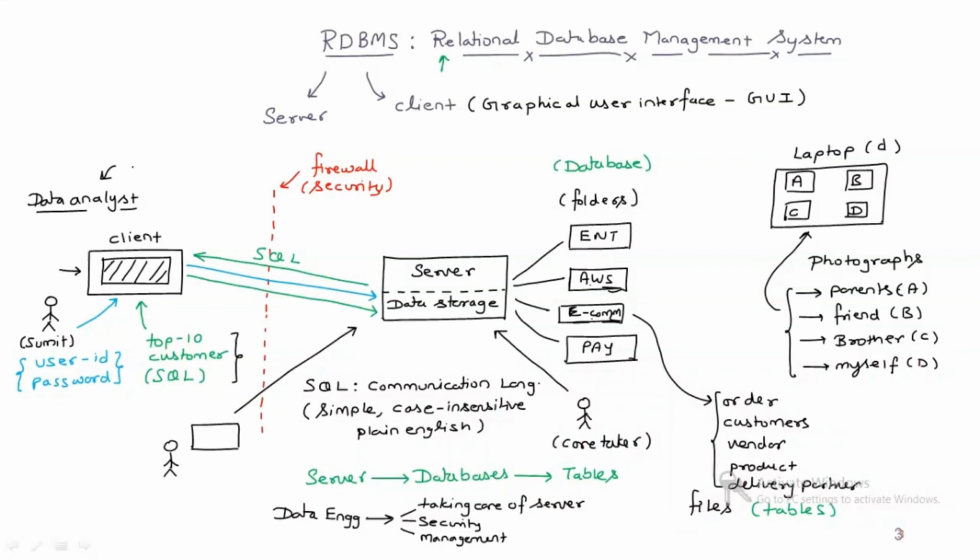They are only responsible to make sure that they are able to answer the business questions, so answering business queries. For that, they will perform analysis, using the data which is preserved in the server. So these are the two data profiles which you will find in the RDBMS infrastructure: one is the data engineer, the other one is the data analyst.